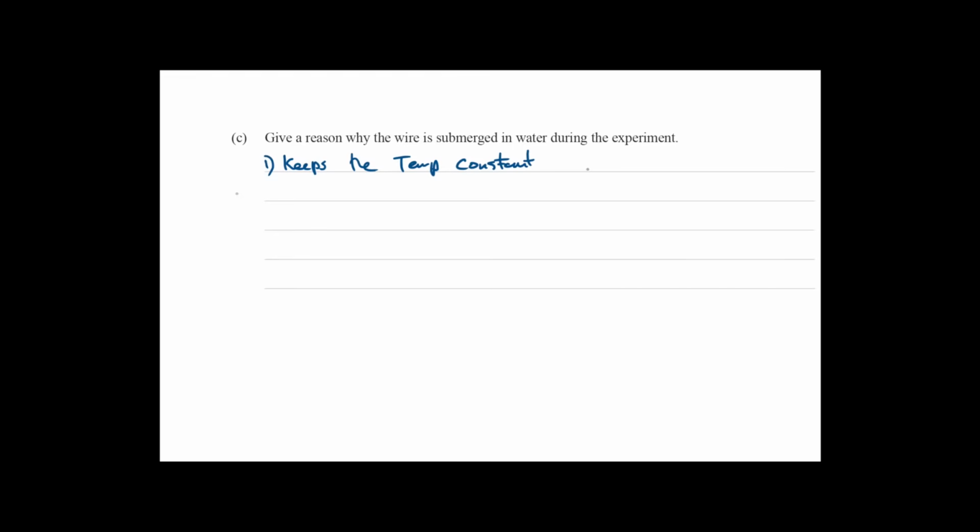So we want to measure the resistance of the resistance wire. We don't want to measure how hot it's going to get. So keeping it at that temperature is going to keep it constant. The second reason I guess is that we know the qualities of water really, really well. So if it does heat up, we can measure it. So it's easier to measure.